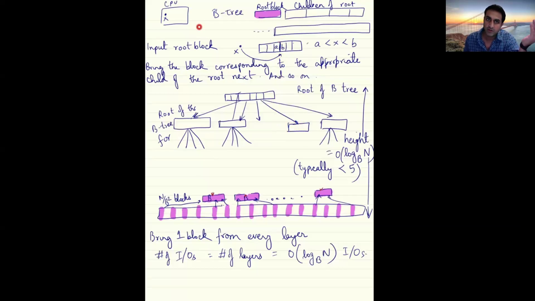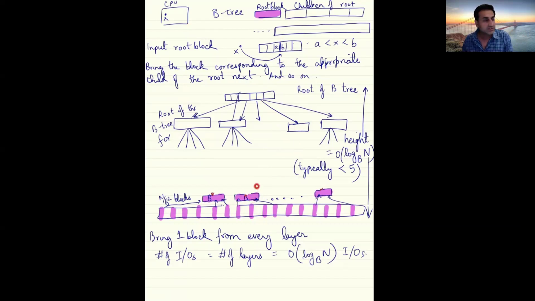So you bring in that block, compare it to X, branch to someone on the second level, and so on. Every time you bring in a block, you advance the level by one, right? At the end of the day, you will narrow down your search to one block, and then you bring in that block and compare X to all the keys in that block. If you find it, great. If not, X is no longer there.